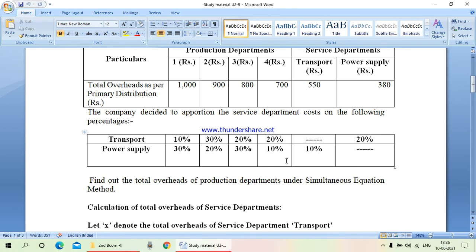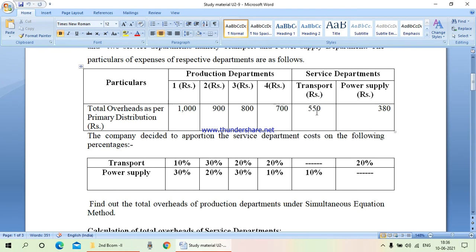We know that under the simultaneous equation method the departments are mutually serving departments, that is, service departments serve each other. The service department transport provides service to power supply, and power supply serves transport. So we have to add the service received from the other department and deduct the service given to the other department.